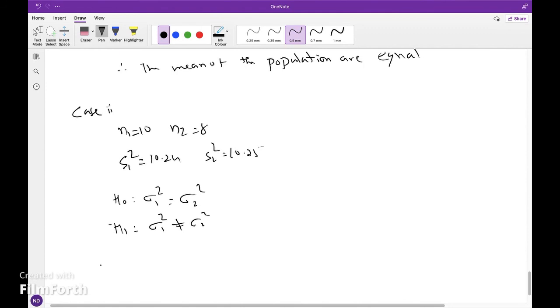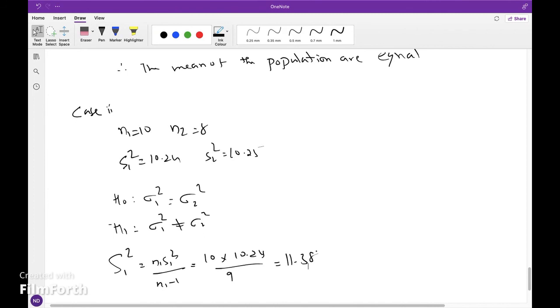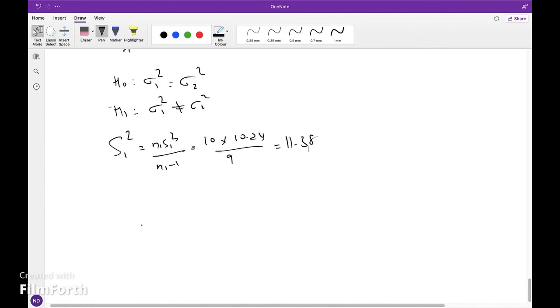The estimated variance of the population, capital S1 squared equal to small n1 s1 squared by n1 minus 1, and capital S2 squared equal to n2 s2 squared by n2 minus 1.